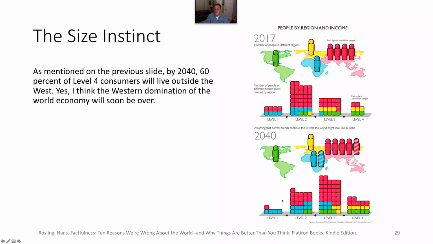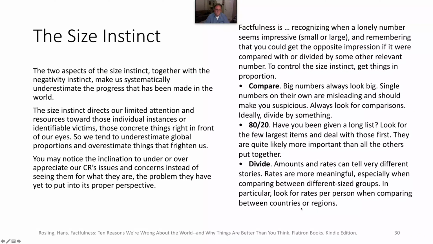There's only going to be 500 million people, half a billion, left on level 1, and there's going to be almost over 1.5 billion on level 4. And of course, the majority is still going to be in the middle, but you'll notice the shift is changing. Now the majority is on level 3 and not on level 2. So everything's getting better for everyone.